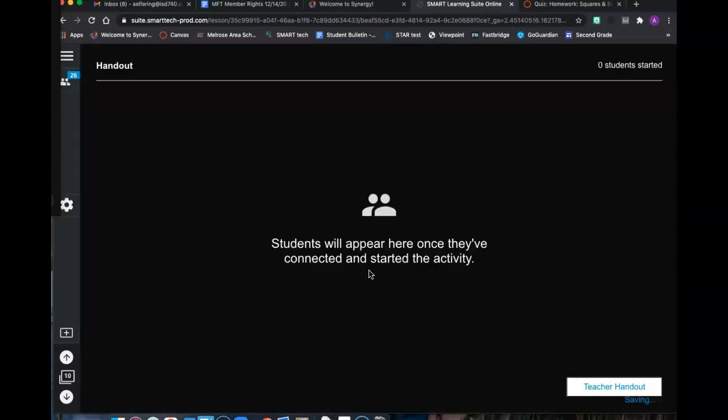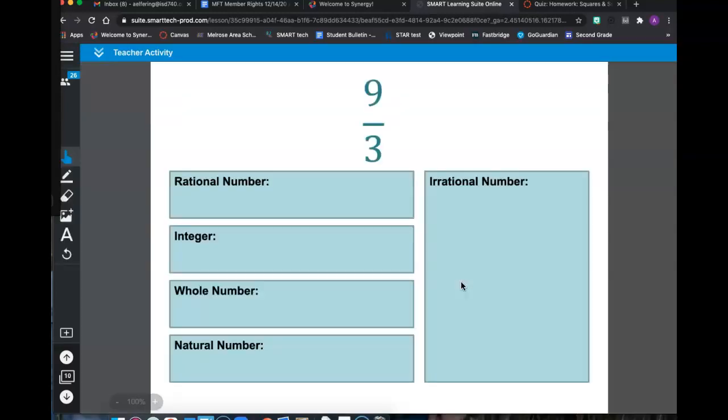This one's kind of a tricky one, so be careful. Okay, 9/3. Go ahead and click start and put it in all the categories that it belongs. It belongs in more than one category. It's a fraction, so think about where that goes, but it can also be simplified. So then think about where it would go.